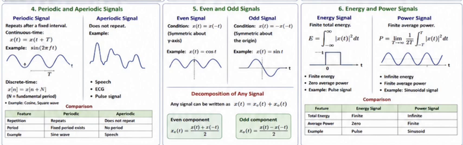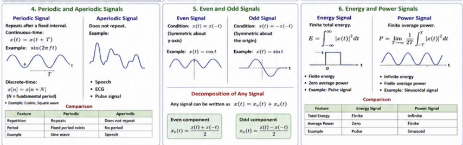But dealing with the power signal, for a finite average power, the power will be equal to the limit as T tends to infinity of 1 divided by 2T times the integral from minus T to plus T of modulus of x of t the whole square dt. So, in case of a power signal, the energy will be infinite, and in case of the energy signal, the power value will be 0.